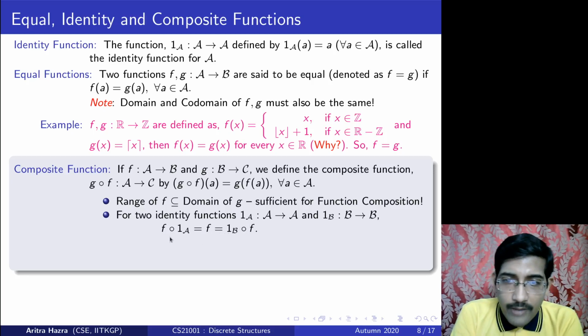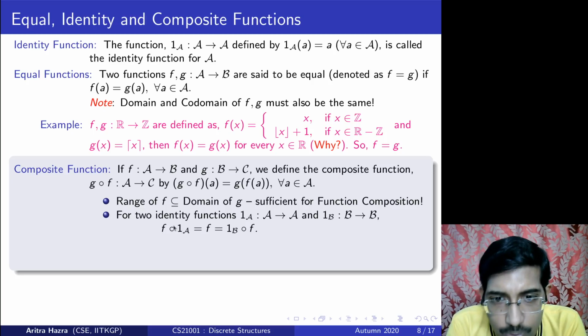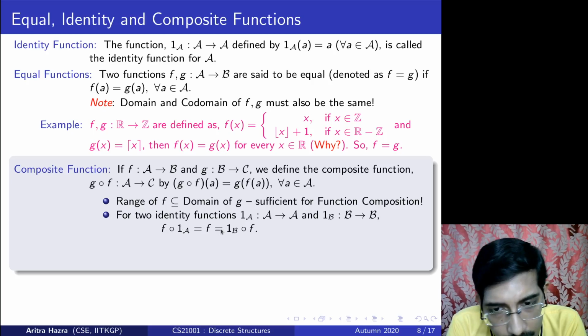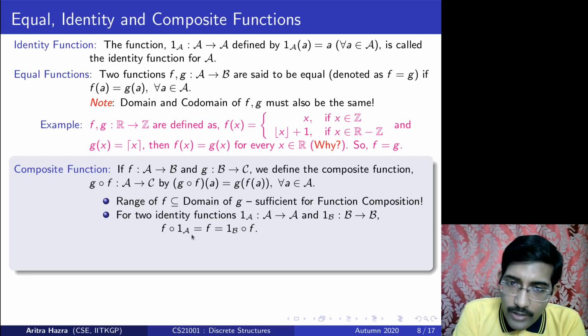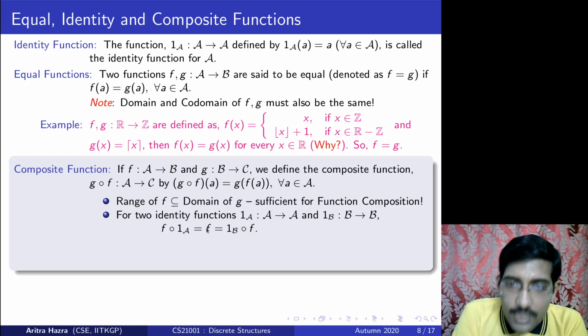So whether you first compose an identity function and then F, or first apply your function and then give it to the identity function, you get the same. Identity compositions keep the function intact.